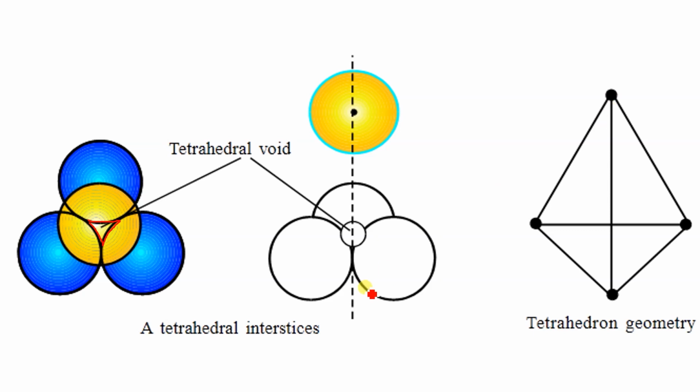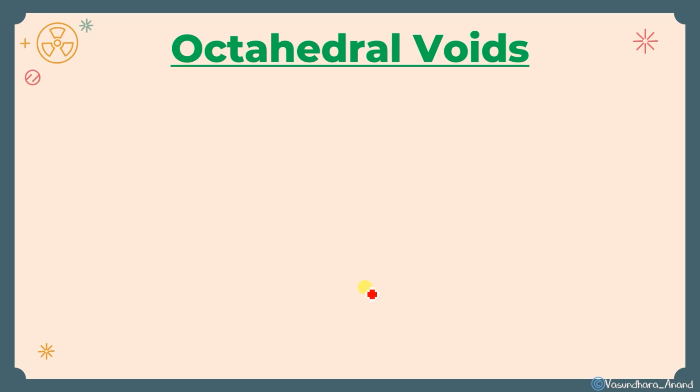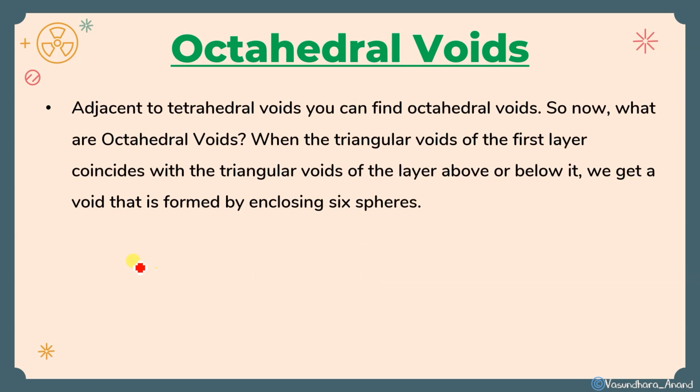Now the octahedral void. The octahedral void is adjacent to the tetrahedral void. You can find octahedral voids also. So what are octahedral voids? When the triangular voids of the first layer coincide with the triangular voids of the layer above or below it. Did you get that? That means it is going to be AA type.